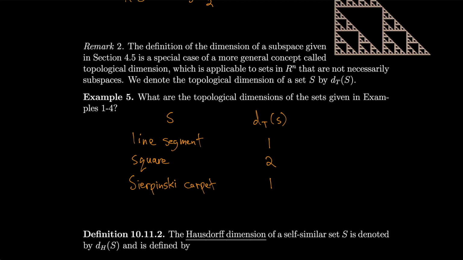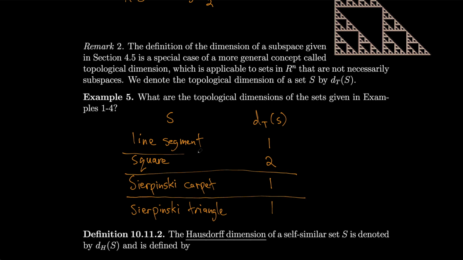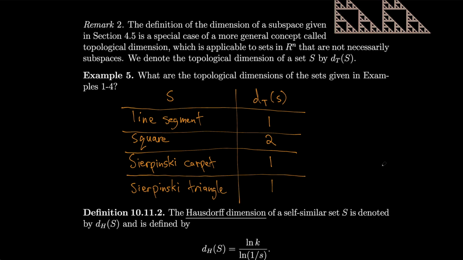I guess that's one way to think about it. So the Sierpinski triangle also has topological dimension 1. And again, it's very difficult to actually prove that, so we're not going to talk about it in depth, but there you go, a couple of random facts.